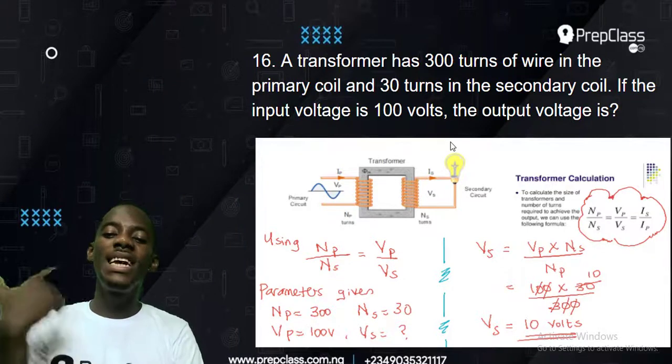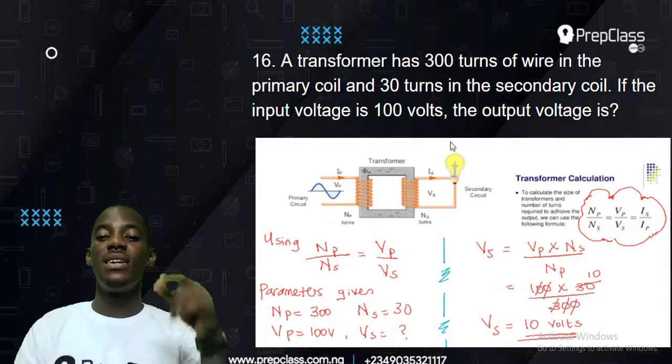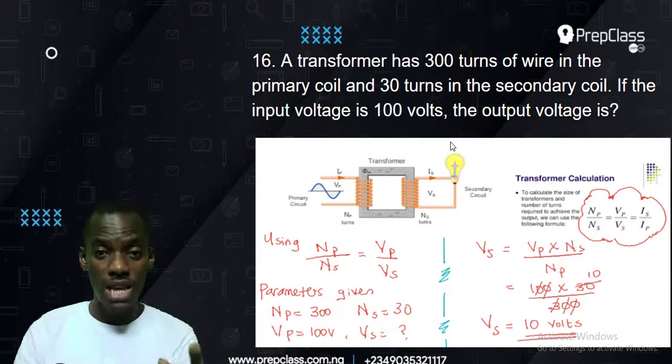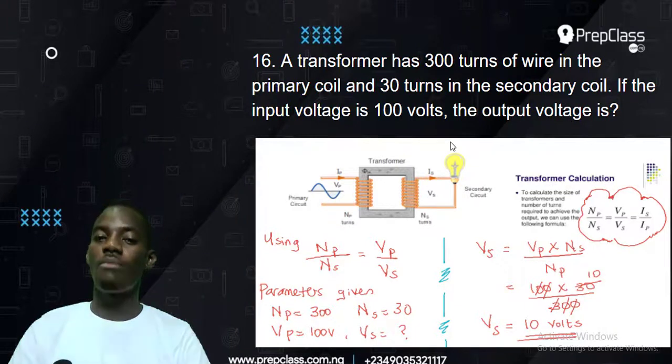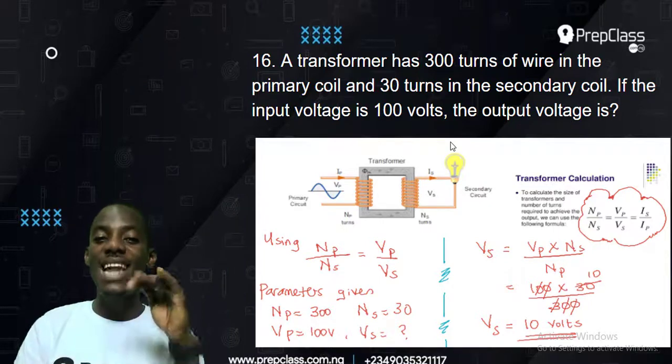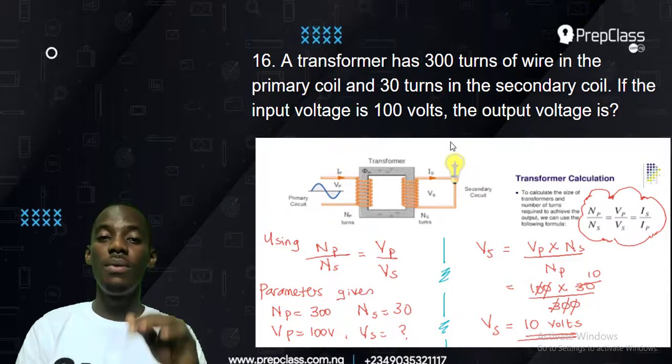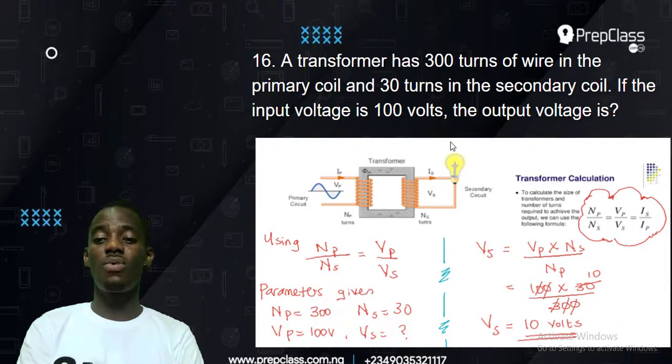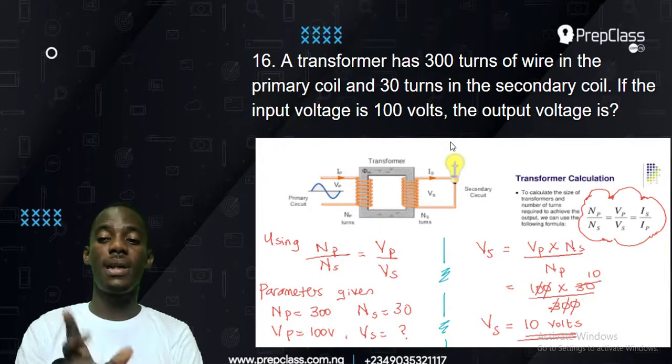The larger the number of windings, the larger the voltage and the lower the current. The fewer the windings, the lower the voltage and the higher the current. That is what the formula is simply saying.